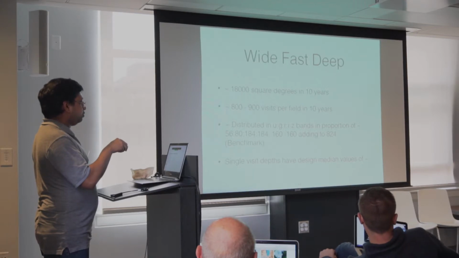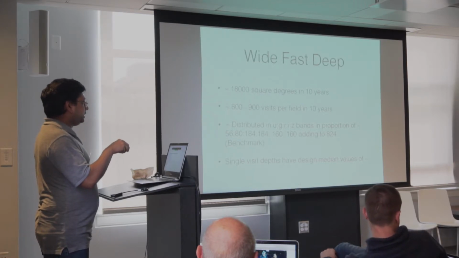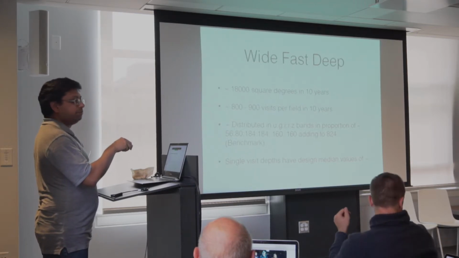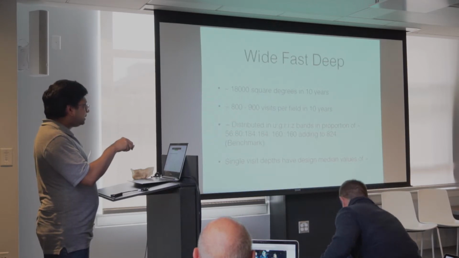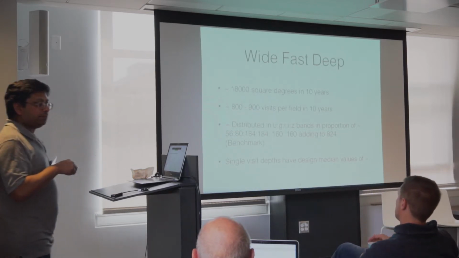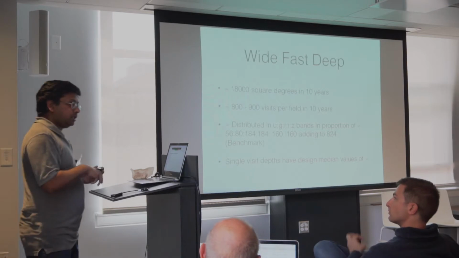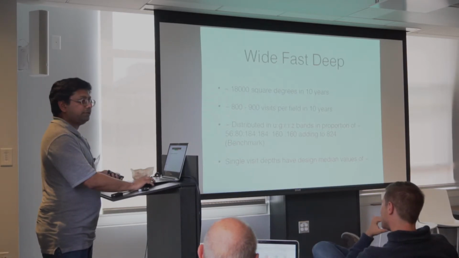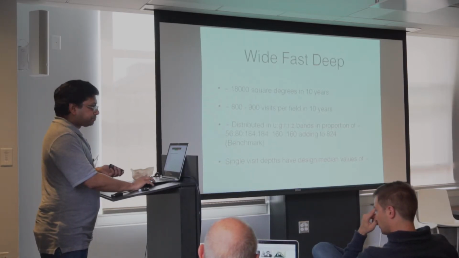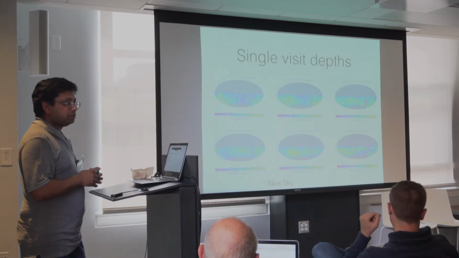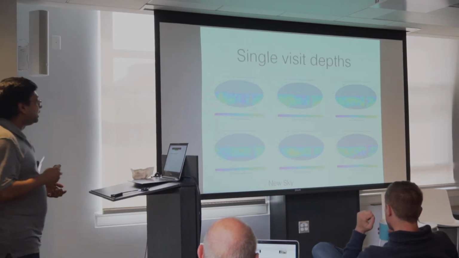So this is U. U has very few observations. G is a bit better. R and I have the most, but Z and Y also have a pretty large number of observations. And this is designed to give you the co-added depth that's advertised.